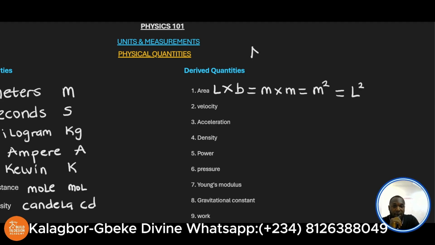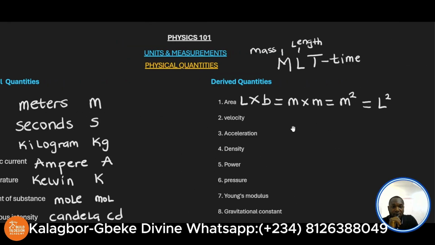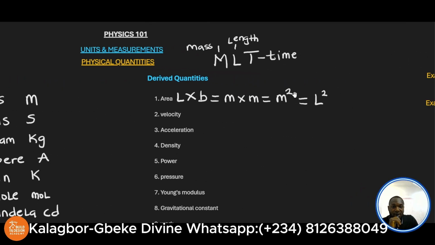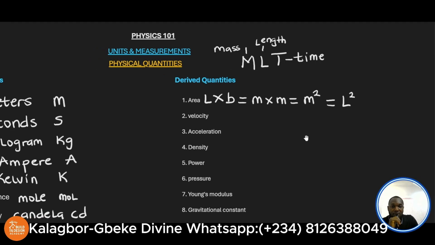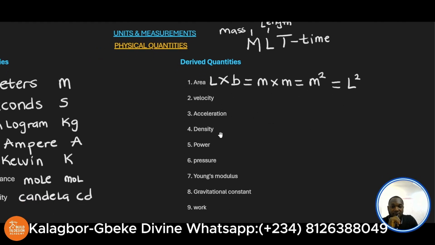Remember, we are using the MLT format, where M is mass, L is length, and T is time. Here L is measured in meters. So when we do length times breadth, we get meters times meters, meters squared, which is the same thing as L squared.